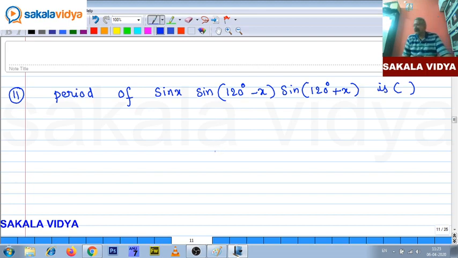First option pi by 3, second option 2 pi by 3, third option is pi, fourth option is pi by 2.